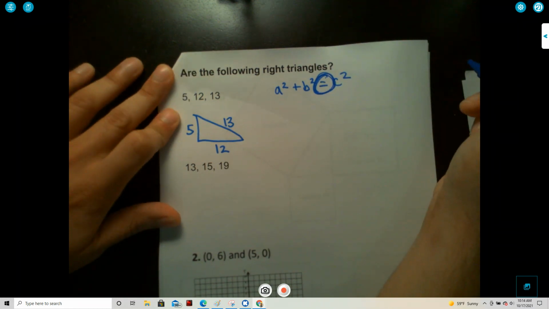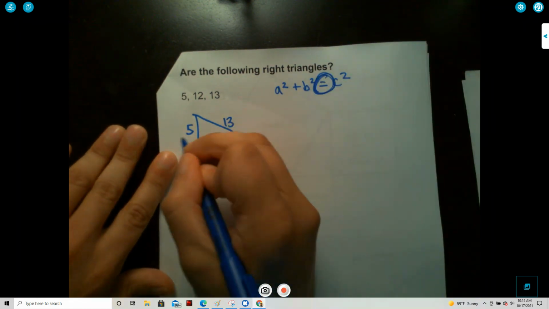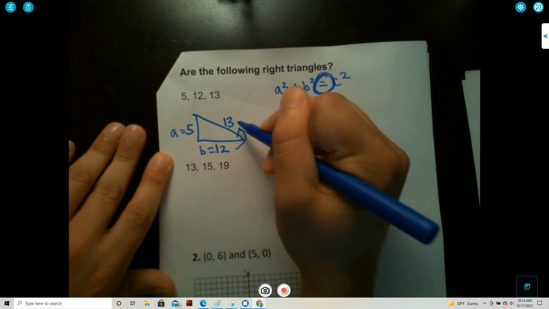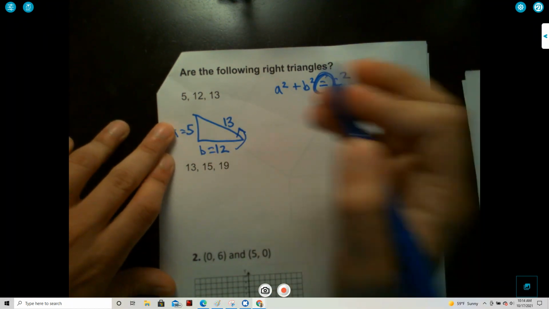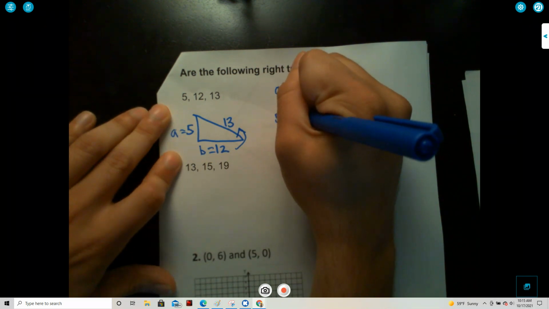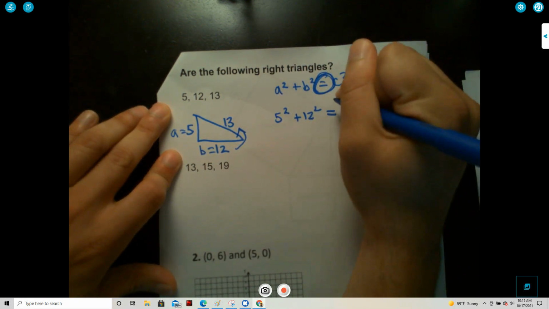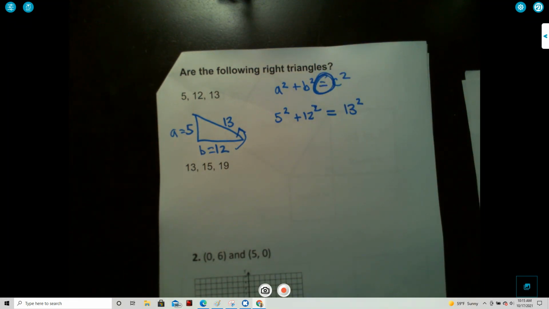Key here, equal to. So this squared plus this squared has to equal this squared for it to be a right triangle. In order to confirm that, we're going to say 5 squared plus 12 squared is equal to 13 squared. So we need to confirm whether or not that's true.